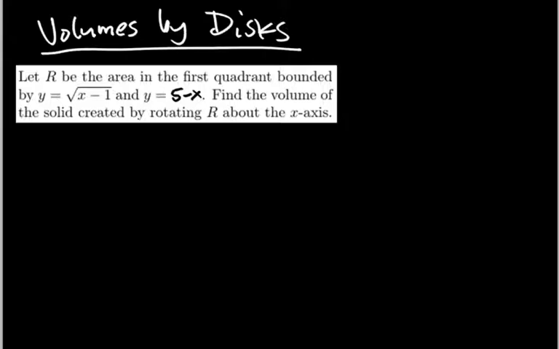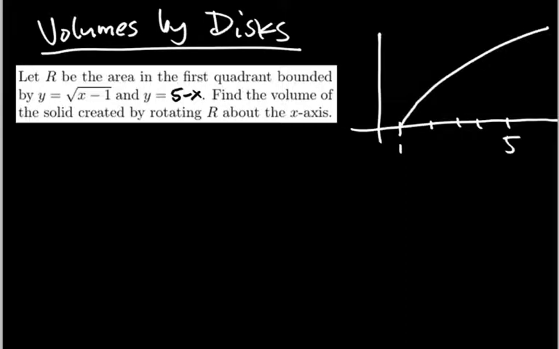Oh well, let's see. So let R be the area in the first quadrant bounded by these two curves. So let's draw that. This is going to be a square root function shifted to the right by 1 unit.